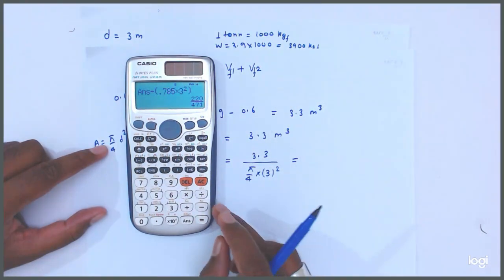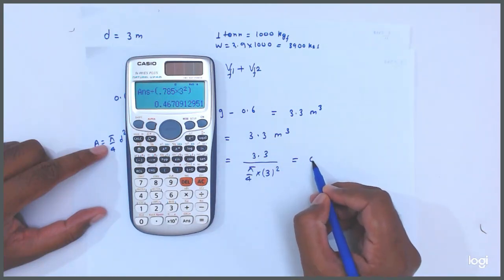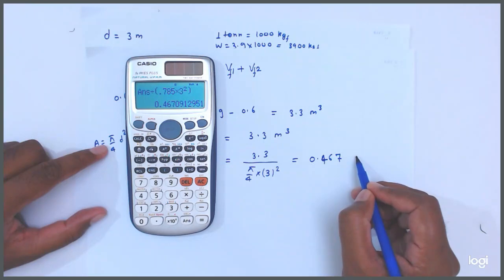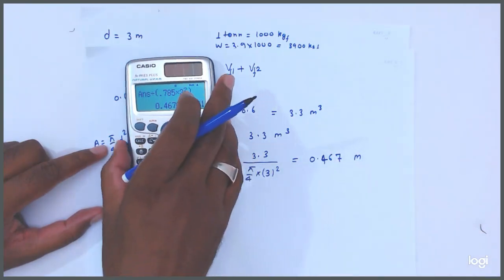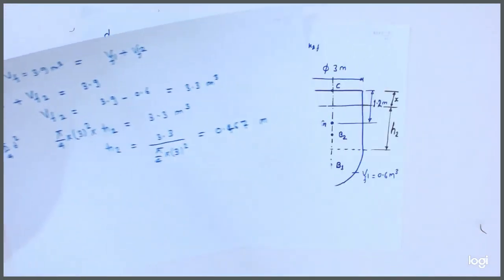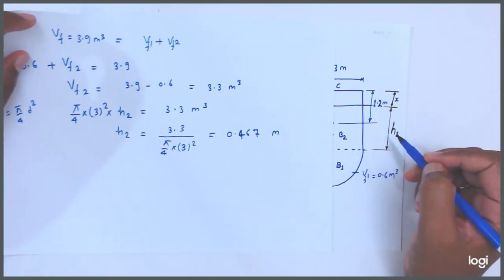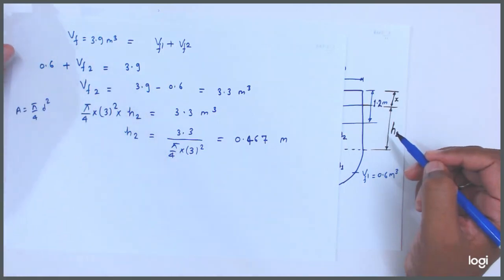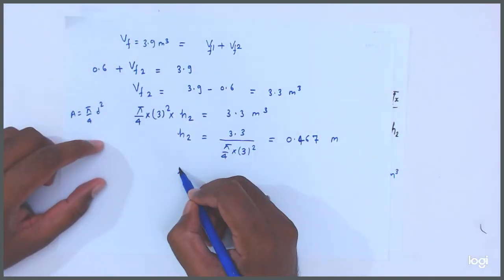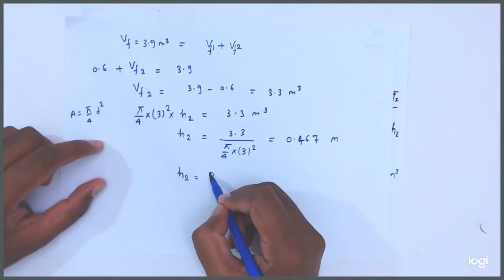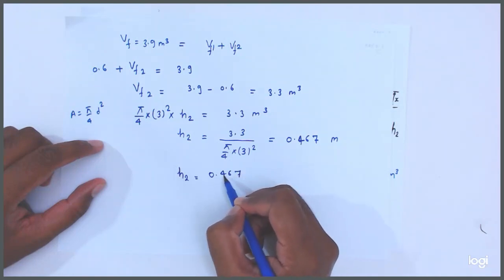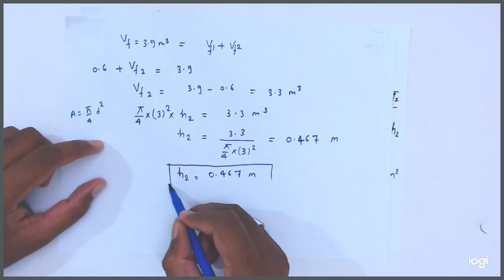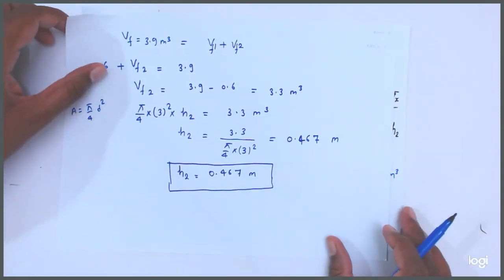So it will come 0.467 meter. So friends, this H2 height will come 0.467 meter. Okay friends, now up to here it is clear.